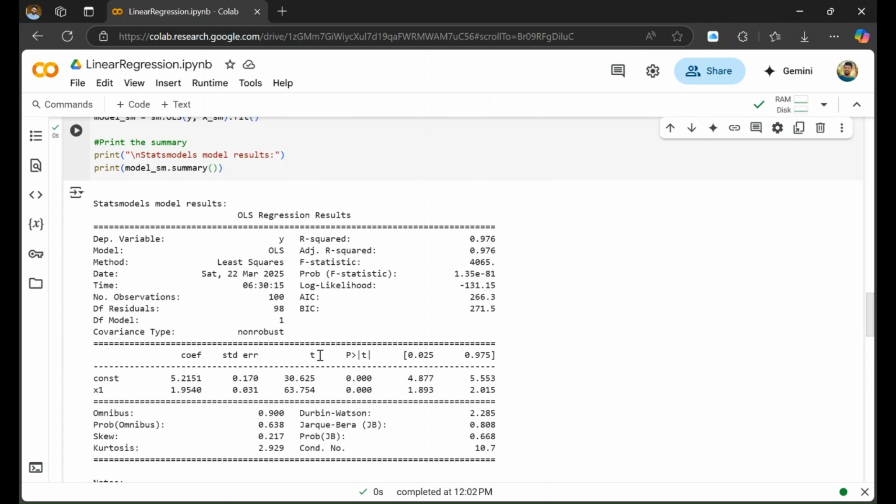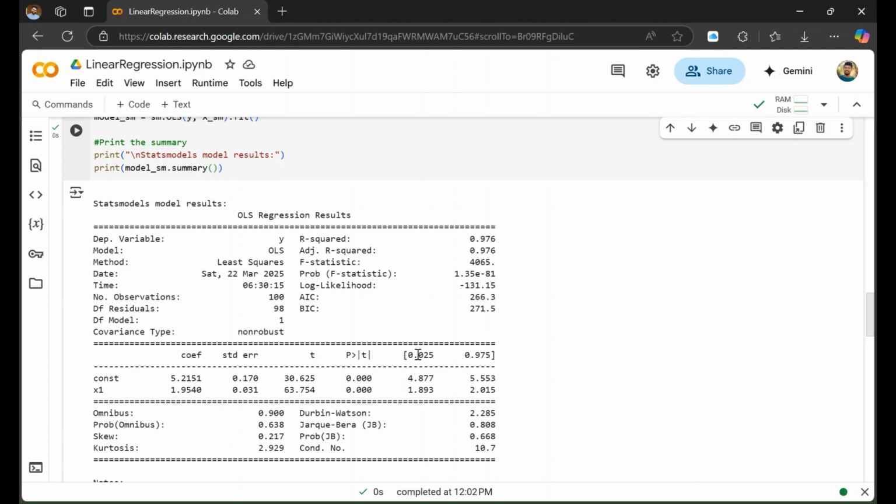Then we have t. This is the t statistic for the coefficients that we estimated, testing whether the coefficient is significantly different from zero, and this is the associated p-value for the t statistic, which is less than 0.05, which indicates we have a statistically significant coefficient.